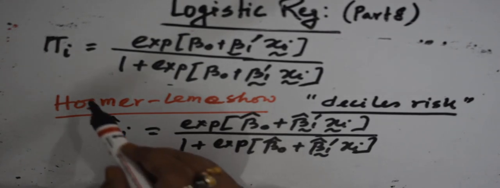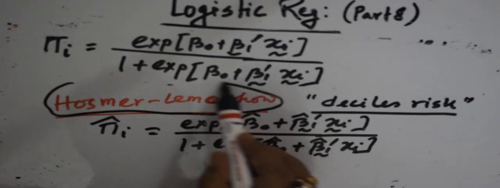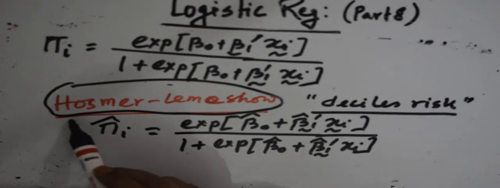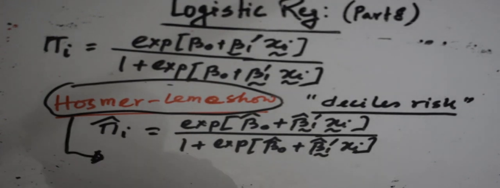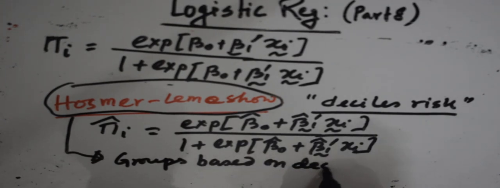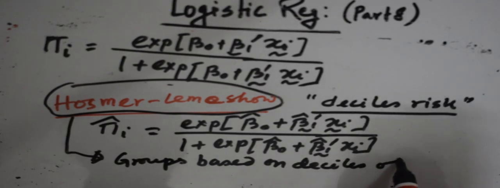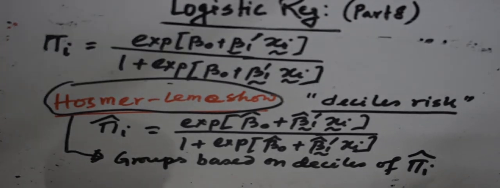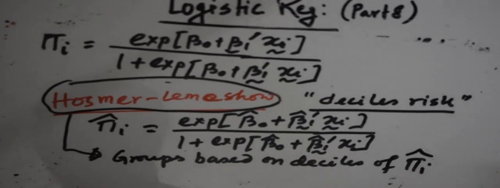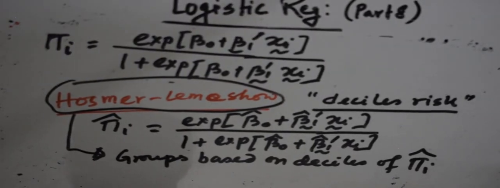then Hosmer-Lemeshow suggests forming groups based on deciles of pi i hat. That is, we form 10 groups of approximately equal size.